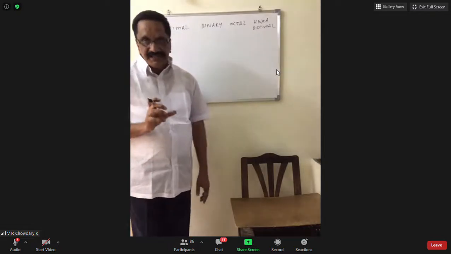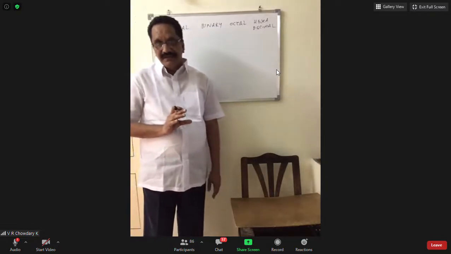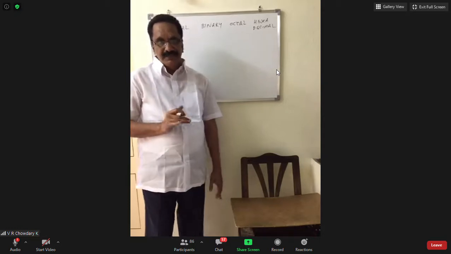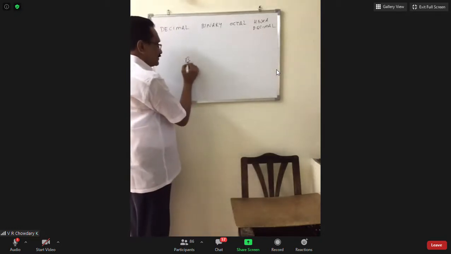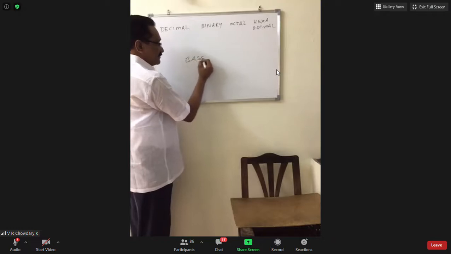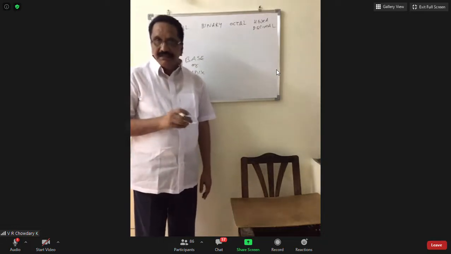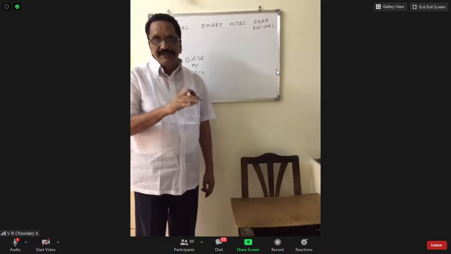The base or radix of a number system is the number of symbols used in that number system. So what is meant by base or radix? The number of symbols used in that number system.